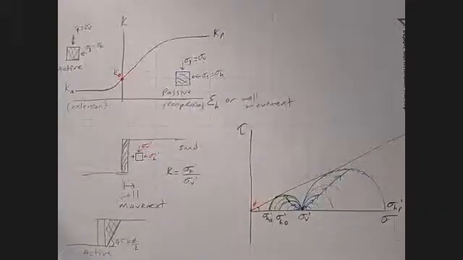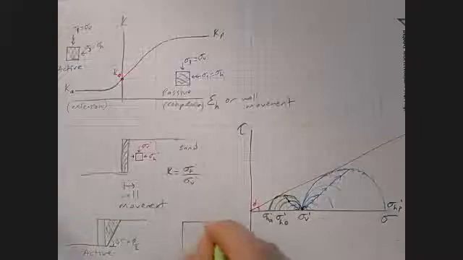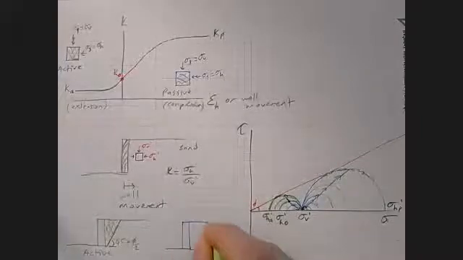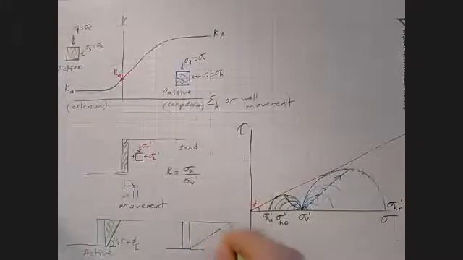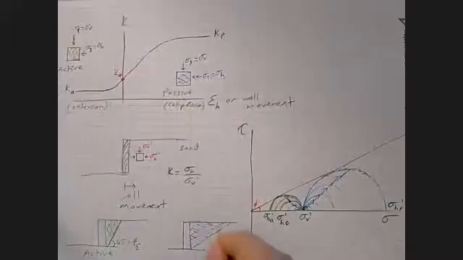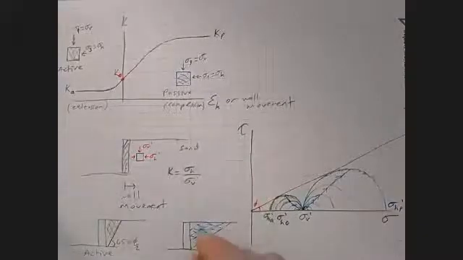And in the other direction, what you get is 45 minus phi over 2 as an angle. And here you get failure planes that are more inclined.